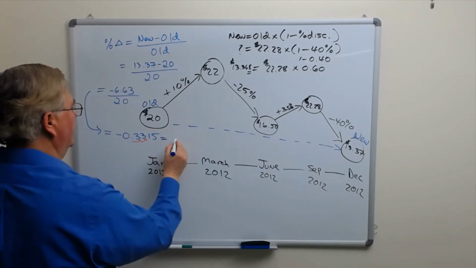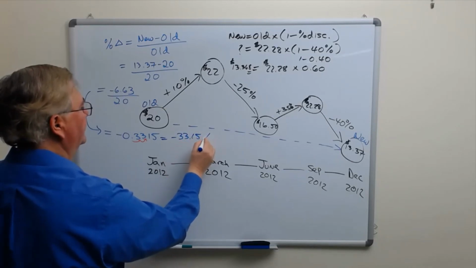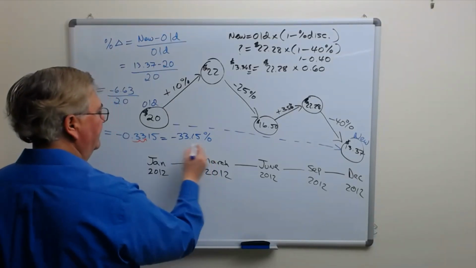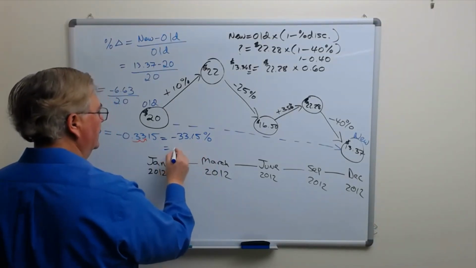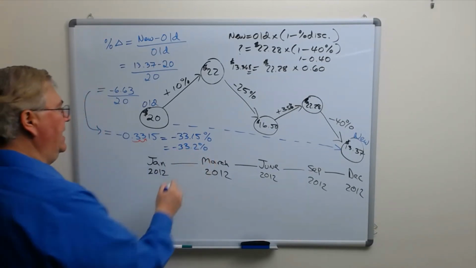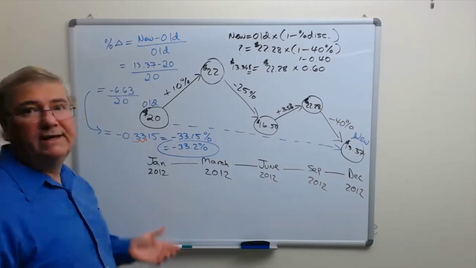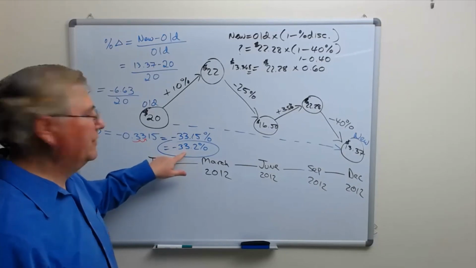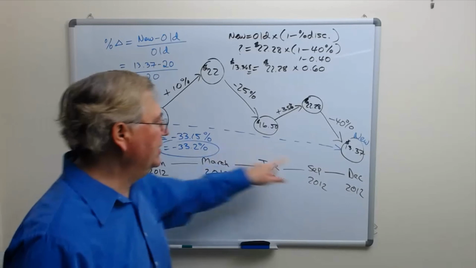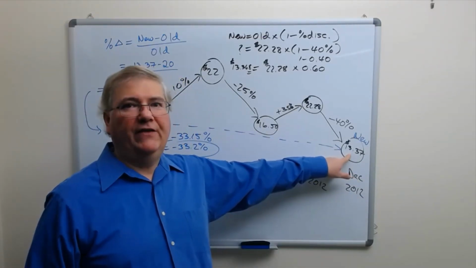And that gives us negative 33.15%, or let's round this up to negative 33.2% drop. And that's your answer to question 8B. So once again, to recap, we have about a 33% drop from our starting price of $20 a share to our final price of $13.37 a share at the end of the year.